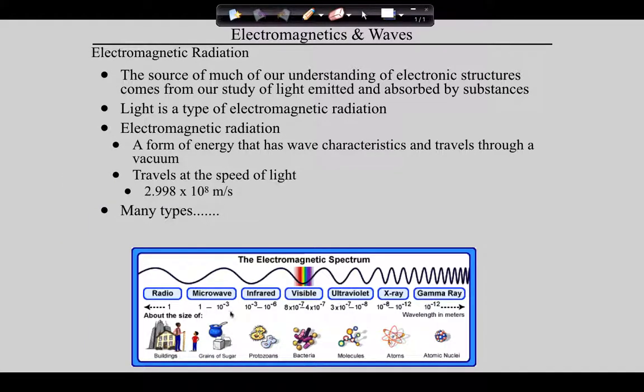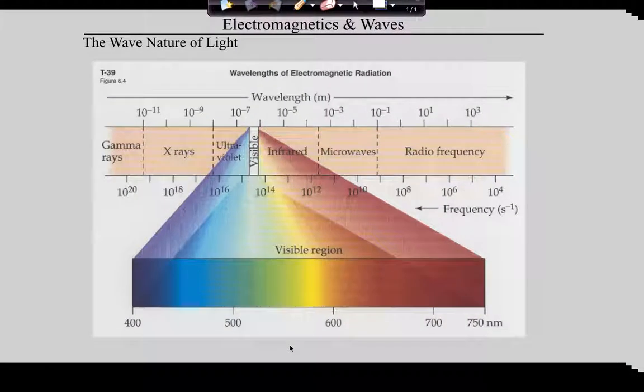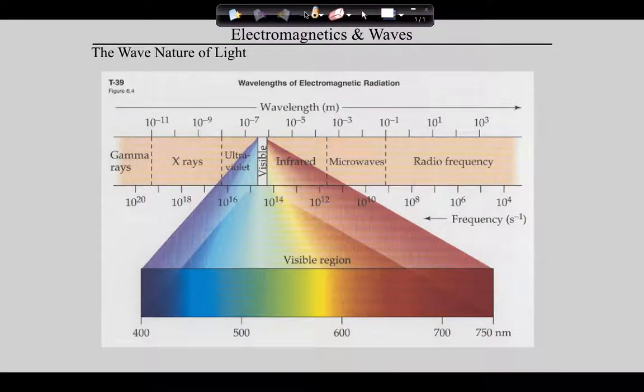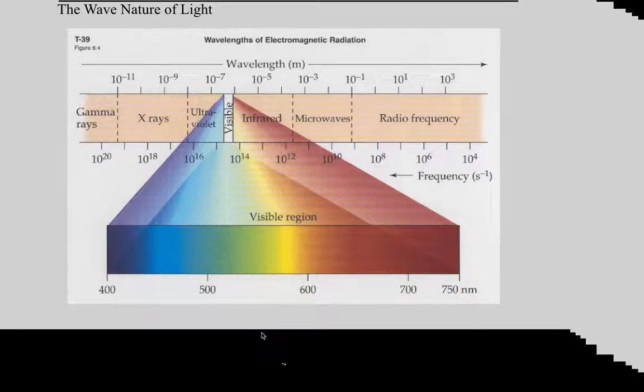And guys, it's going to switch. Did you see what happened? Don't let this confuse you. It flipped over. So now in the previous slide, gamma rays were here and now they're there. And previously radio was there and now it's here. It's the same spectrum. It's just flipped.